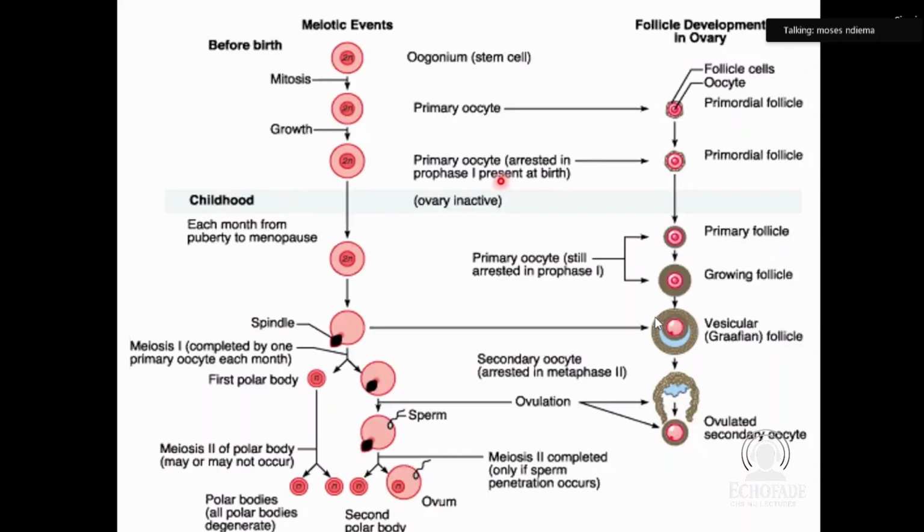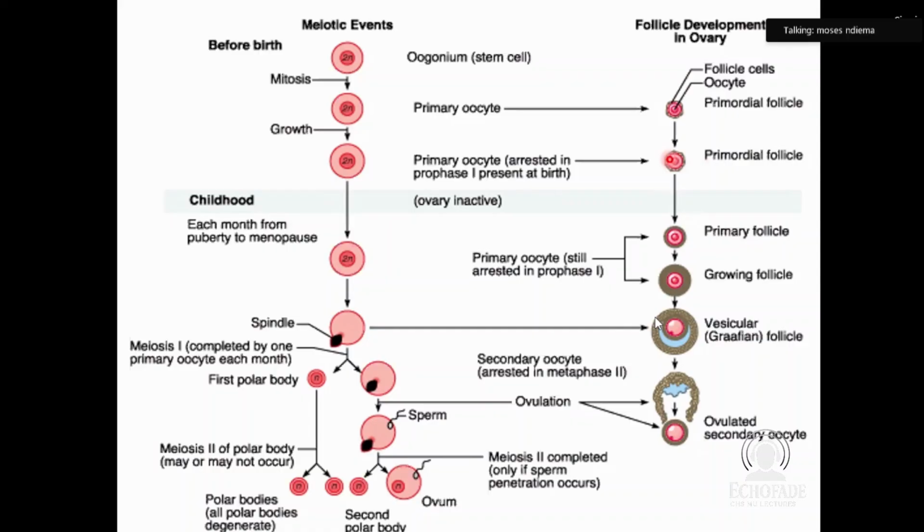Thereafter, at puberty, you then have the development of the follicles as primary follicle. Here, the primordial follicle will have flattened cells that we refer to as the follicular cells.